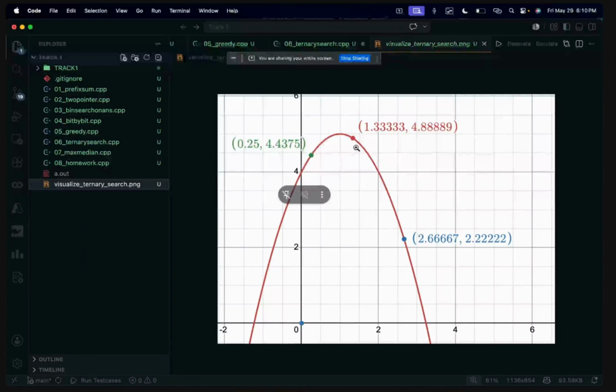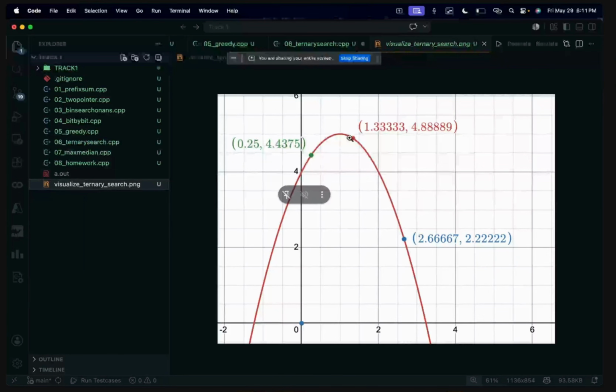So there are two cases. For f of M1 greater than f of M2, we can either have the green point or the red point. If we have the red point, you understand that we cannot just narrow down the search space such that we search only between M1 and M2. Narrowing down the search space to M1 and M2 would not always work because we would miss the vertex if we do so. But we can narrow down the search space if it's the green point.